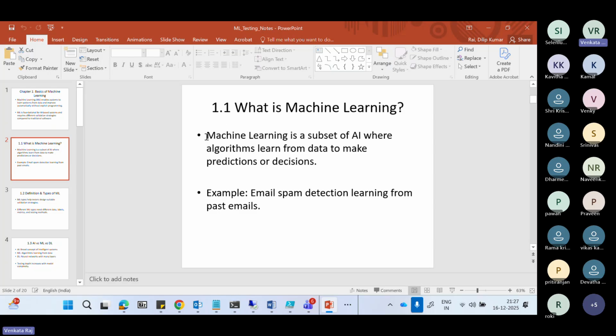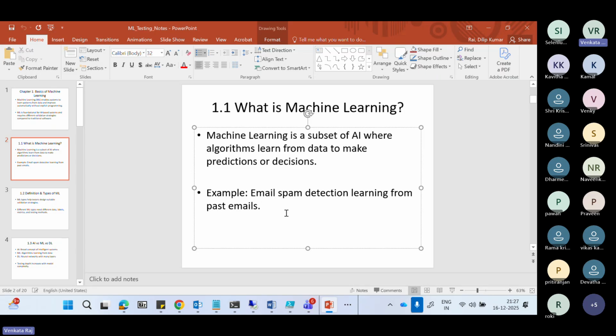Machine learning is a subset of AI where algorithms learn from data to make predictions or decisions. Example: email spam detection, learning from past emails. You feed a lot of emails to a machine learning algorithm, and it learns from that.